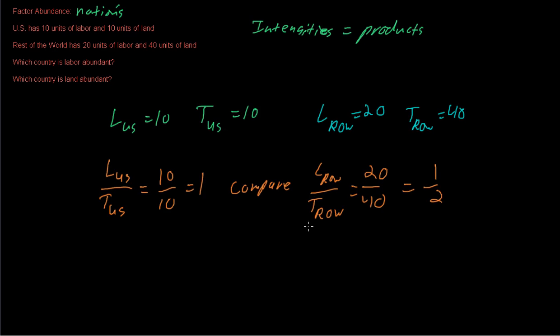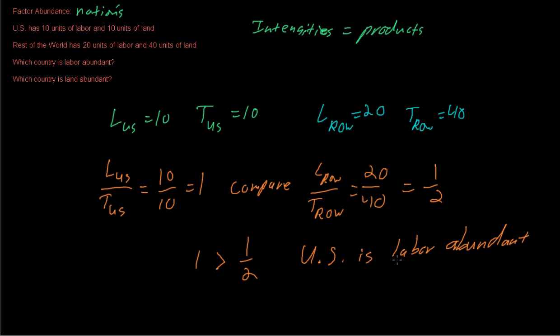Since 1 is greater than 1/2, the US is labor abundant. The ratio of labor to land is higher in the US than it is in the rest of the world. So that's what's important, the ratio.